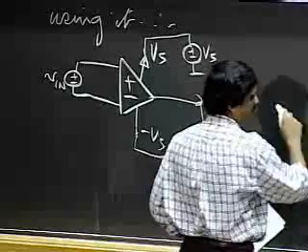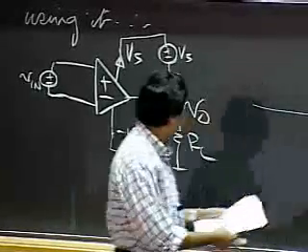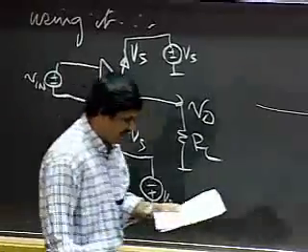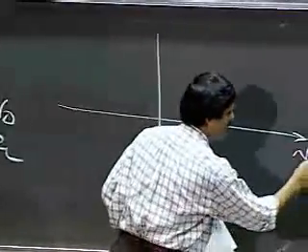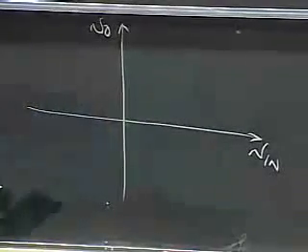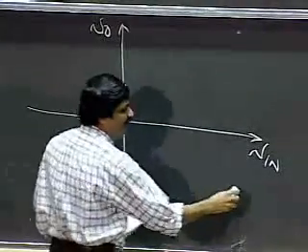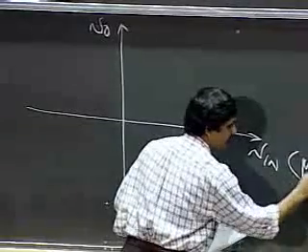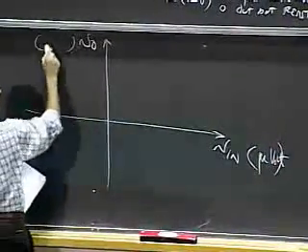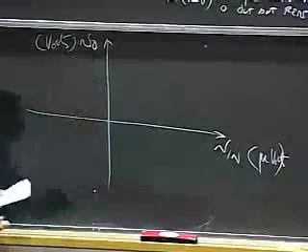So first of all, what I'd like to do is, as I change V in, plot for you how V out looks. This is V in, and this is VO. I'm going to plot V in in terms of microvolts, and VO in volts.